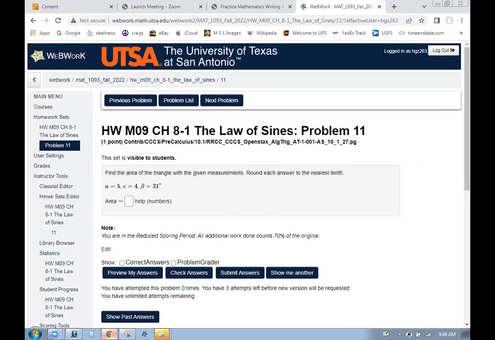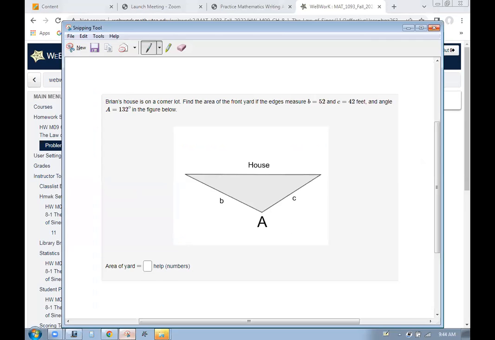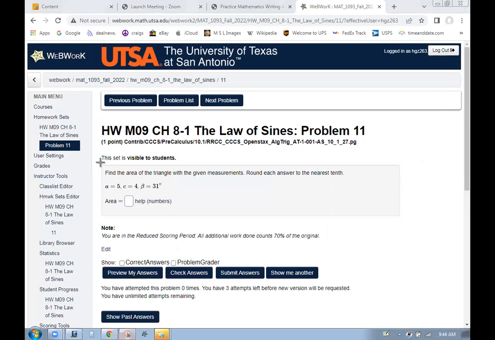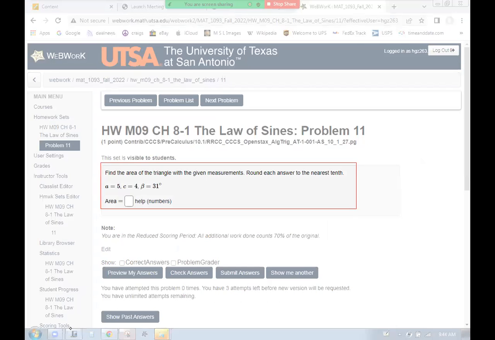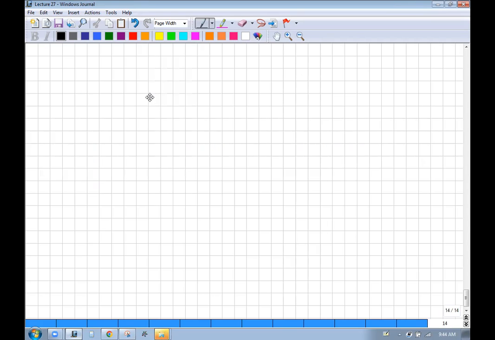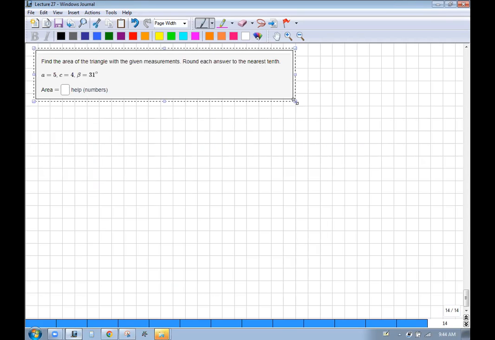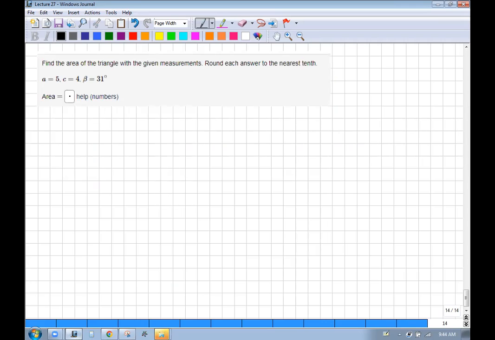This is exactly the same thing as the last one. Find the area of the triangle with the given measurements. So let's see. If we know A and C and beta, B is the square root of A squared plus C squared minus 2AC cosine beta.